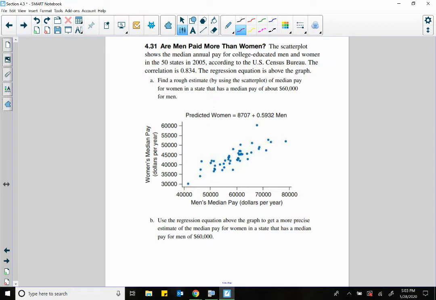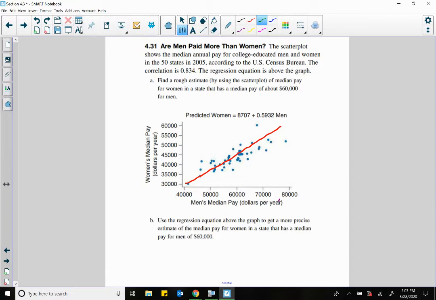Okay? So part A says, find a rough estimate of the median pay for women in a state that has the median pay of about 60,000 for men. What they're hoping you do is draw in a little line right here. So I think that's where the line is. Sorry, my computer moved at the end there. I think there's your line.